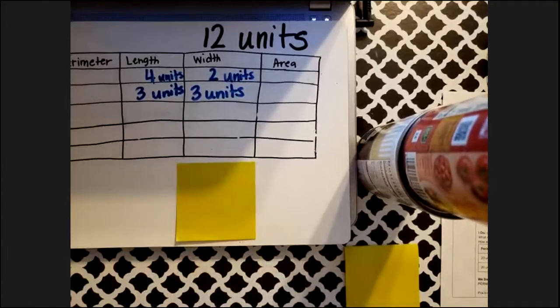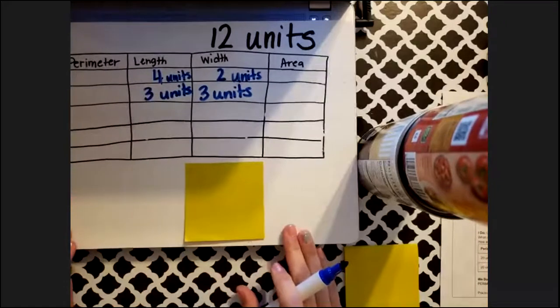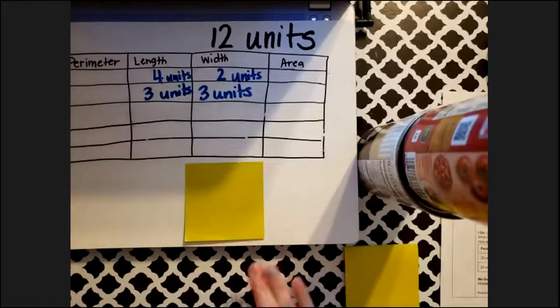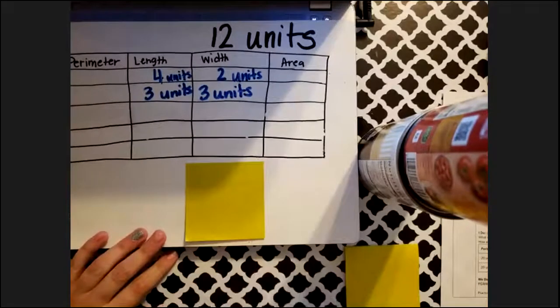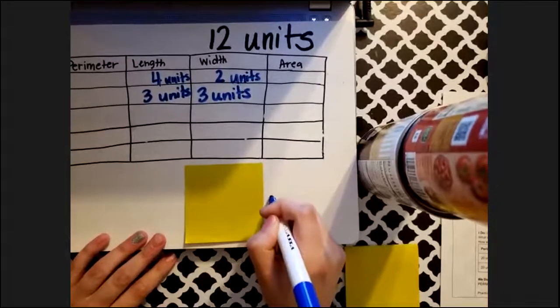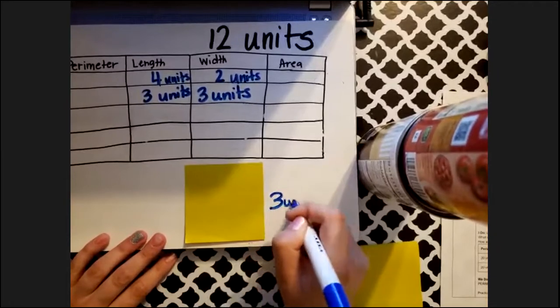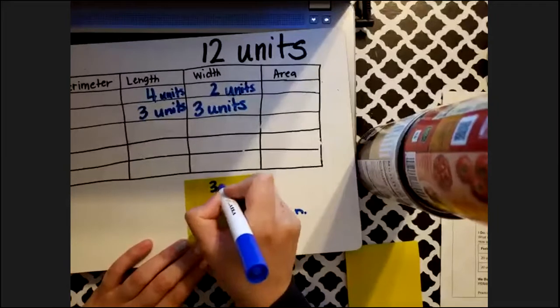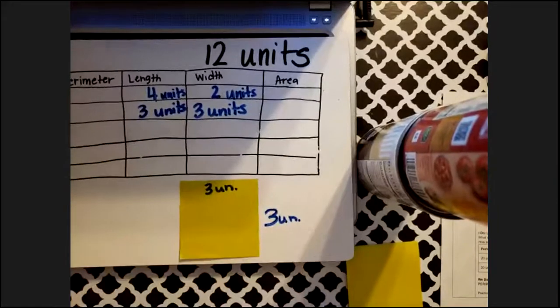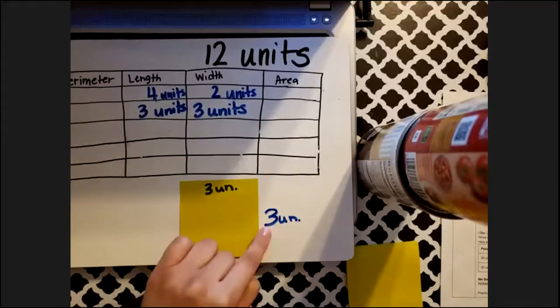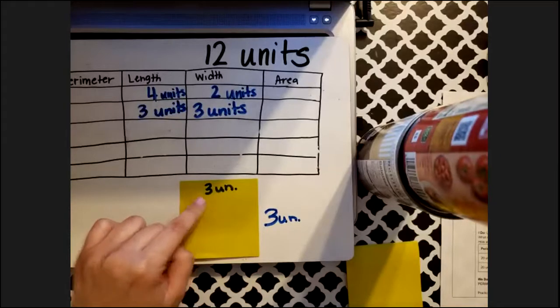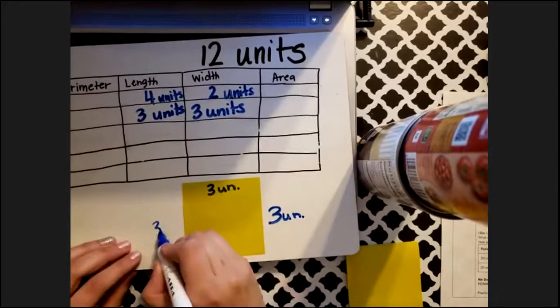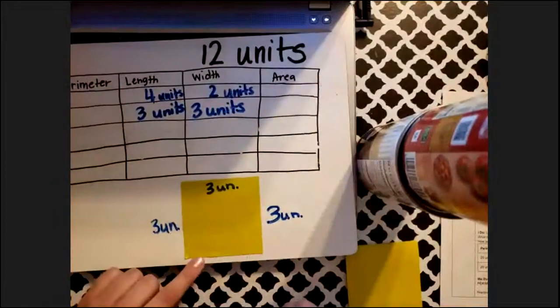Good job. Perfect. Let's go ahead and talk about these two. Let's check if the perimeter would be 12. Let's start with the square since I have a post-it note here. I got 3 units and 3 units, 3 plus 3, and this would also be 3 and 3.